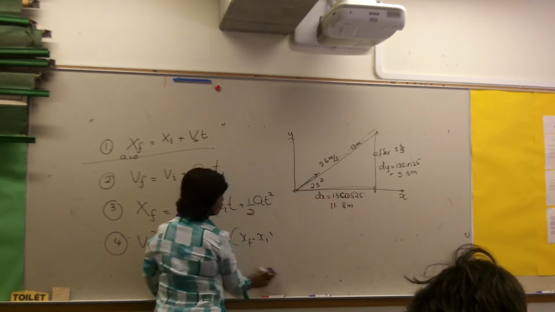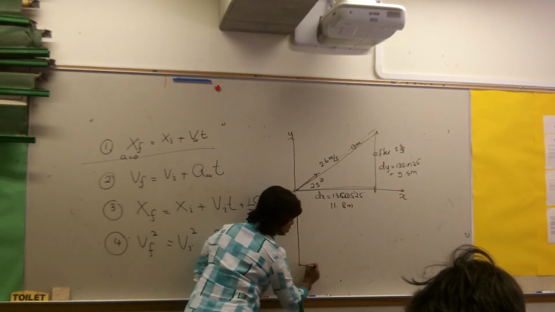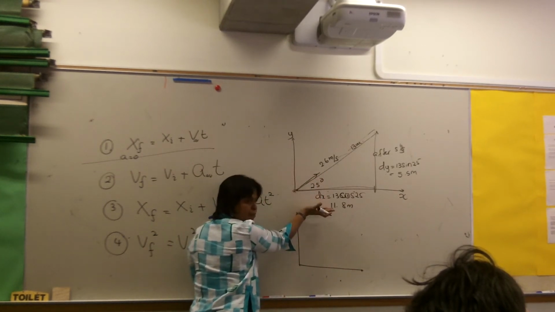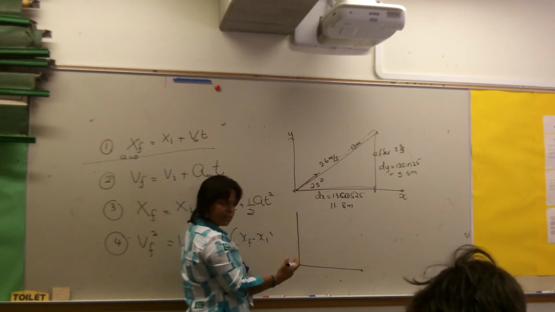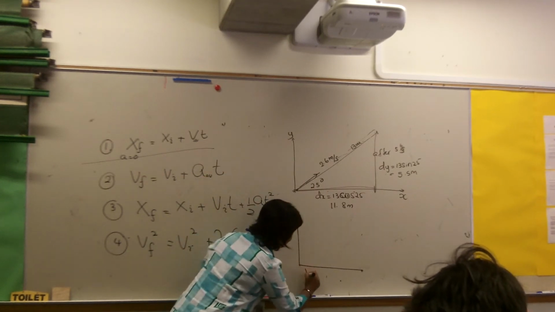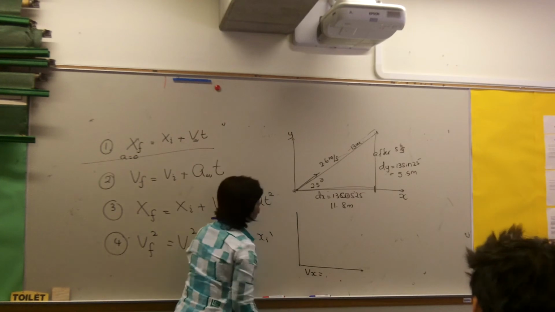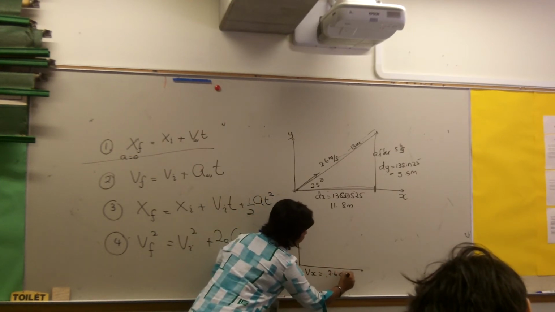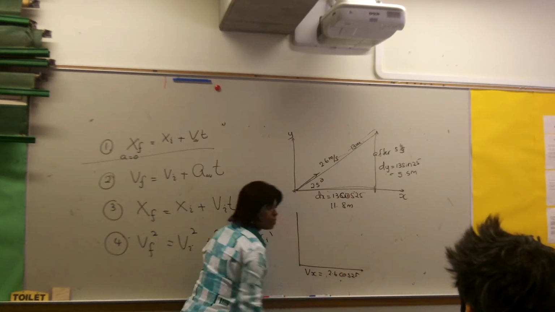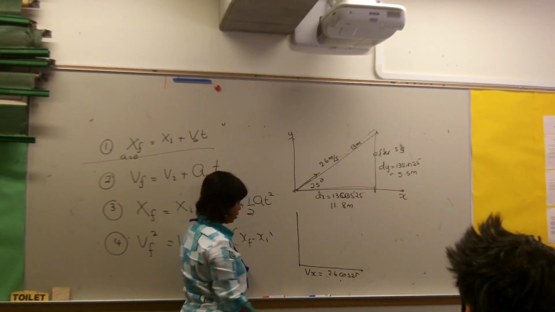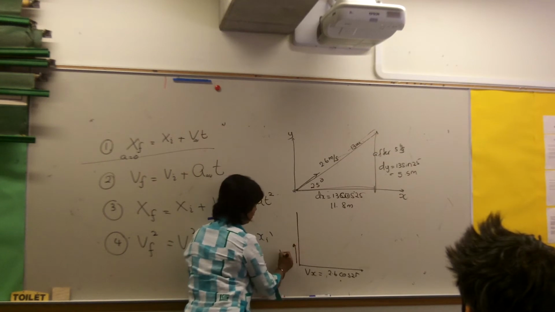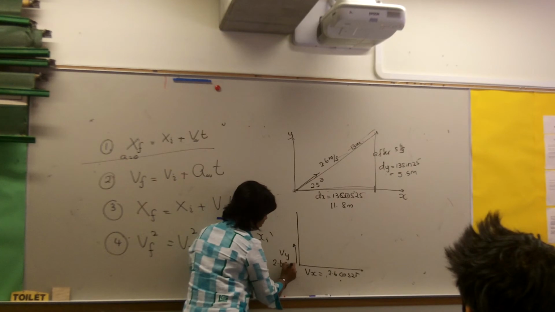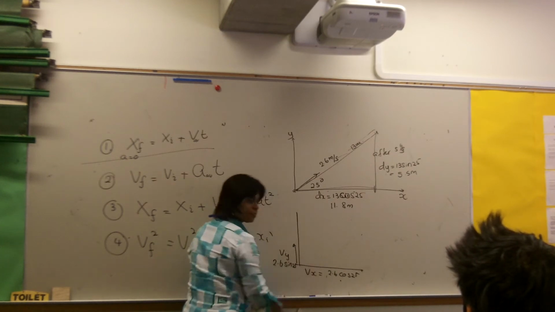But instead of doing it this way, we also can first take this velocity and get the x component and y component of the velocity. Is that okay? So your Vx is going to be 2.6 cosine 25, and in this direction Vy is equal to 2.6 sine 25, right?